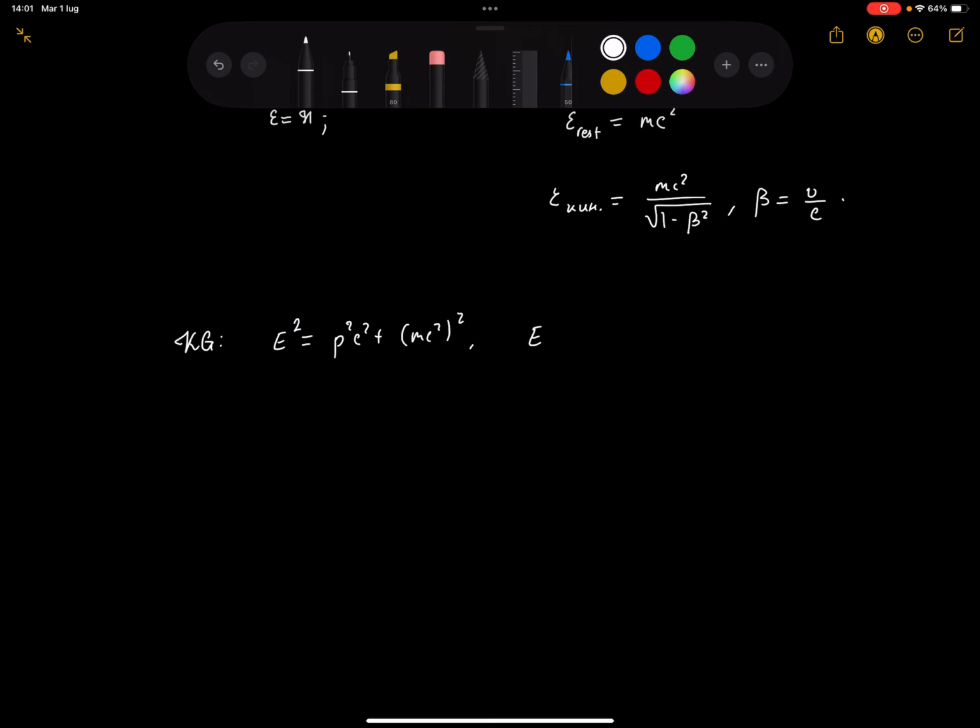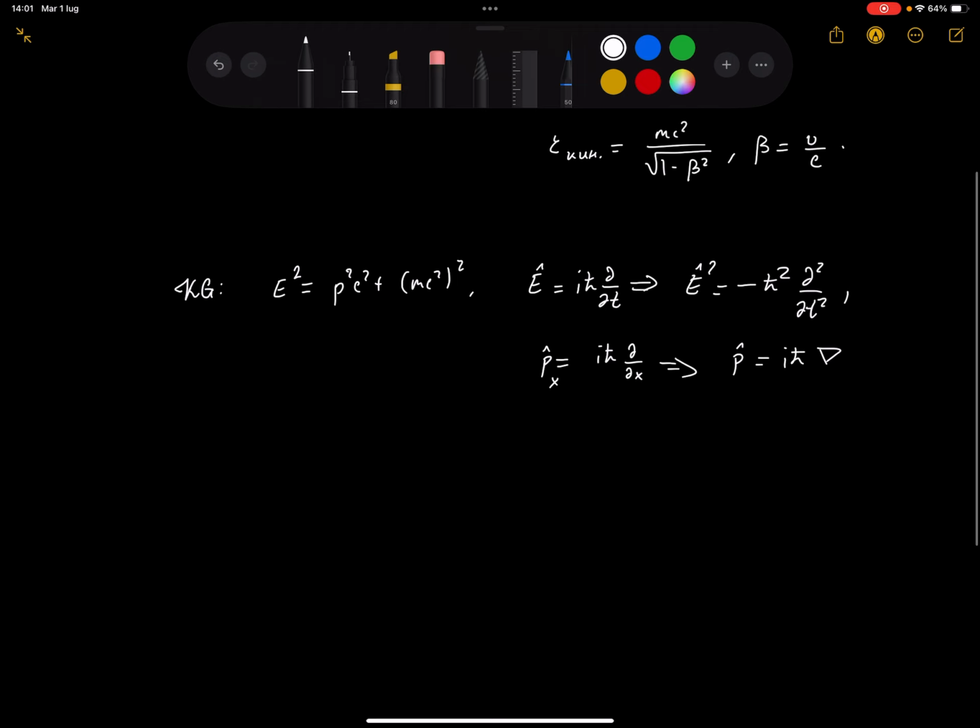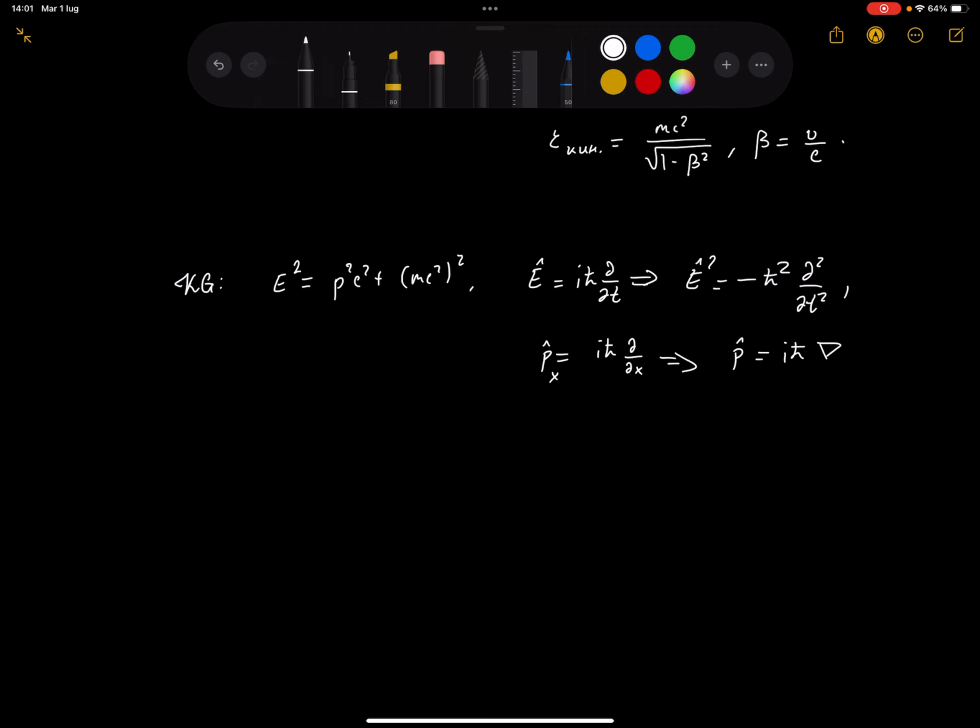And since the energy operator is this, we have that E squared is equal to minus h bar squared times the second derivative with respect to time. The momentum operator is given by i h bar d/dx for a single dimension, and generally speaking it's i h bar times the gradient, which for the square would be the Laplacian, right?